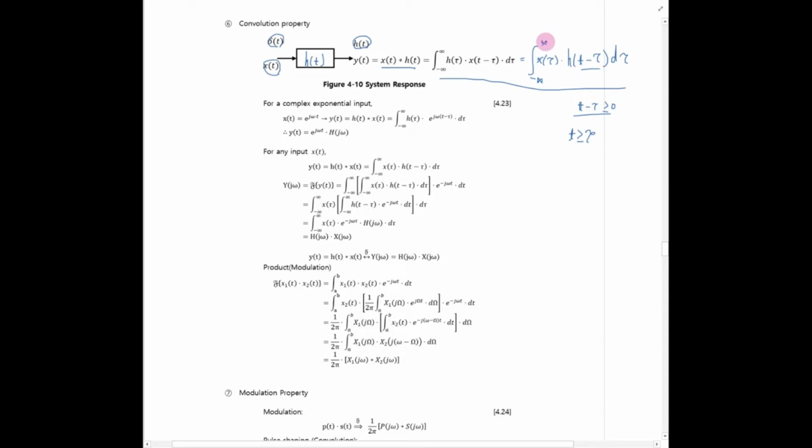So this infinity can be replaced by t in the case of a causal system. The causal system can take the integration range from minus infinity to t. So we are only concerned with this period of time. T is the maximum time affecting the output in the case of a causal system. If it is non-causal, we need to take infinity here.